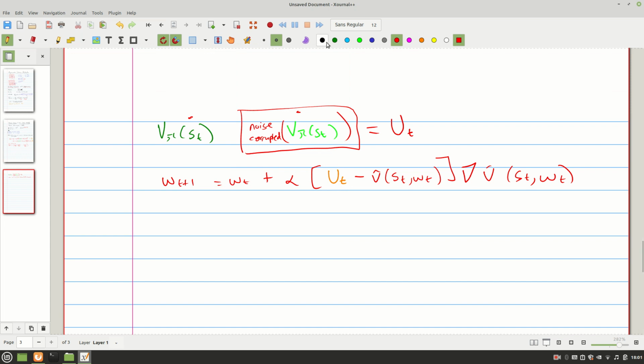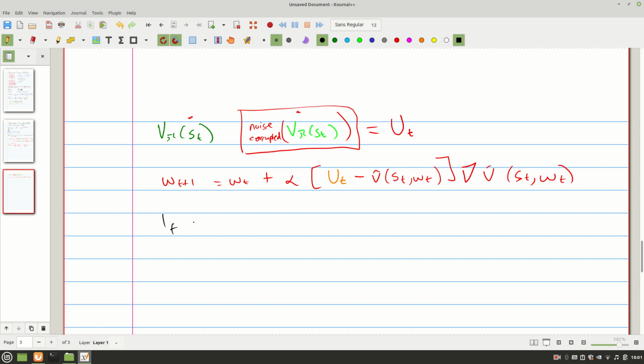So we have this ut now, which is a noise corrupted version of this. What kind of values could ut take? And is it really okay for us to replace v pi st, which is the true value under some policy, with this conspicuous ut that we're given here?